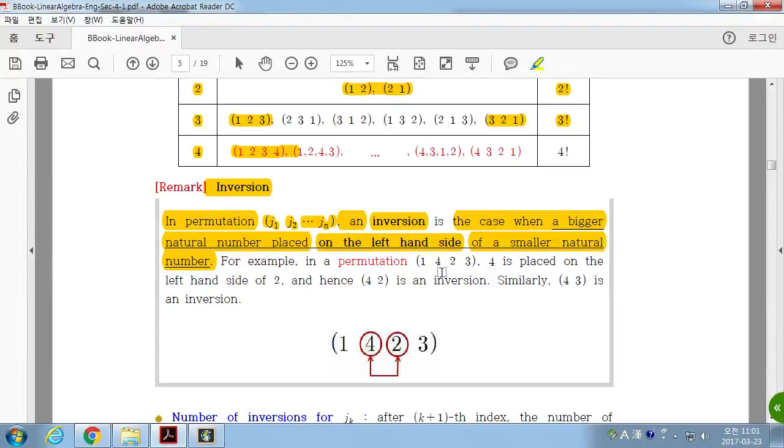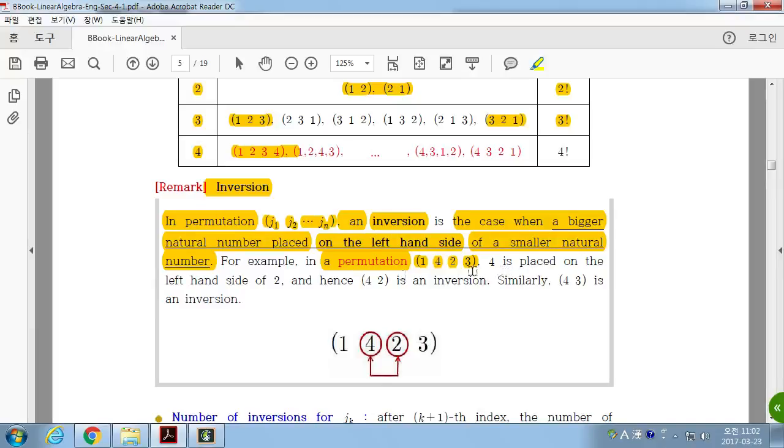For example, in the permutation 1, 4, 2, 3, the 4 is placed in front of the smaller number 2, so the 4 has an inversion. The 4 is also ahead of the smaller number 3, so it has another inversion. So this 4 has 2 inversions.